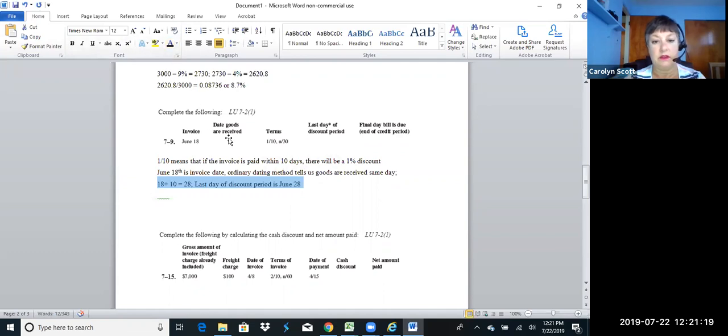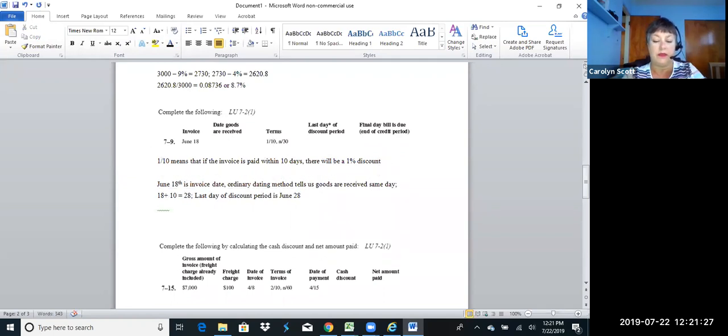And the other thing we need to know is this N30. I don't think I put that anywhere, but I will now. N30 equals net 30, which means the final due date for payment is in 30 days.